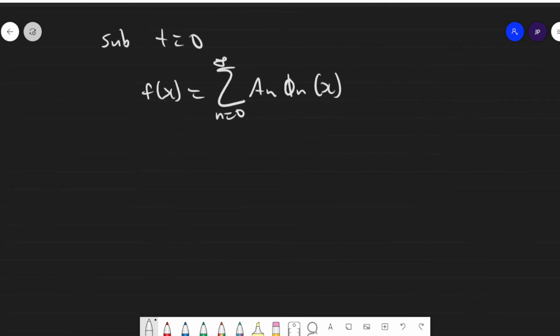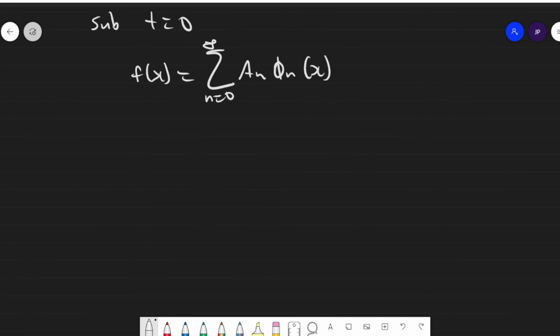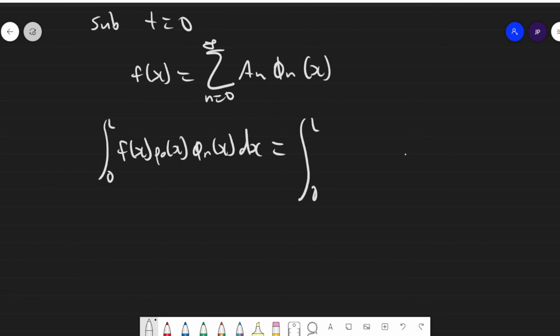So to calculate the coefficients, I'm taking the Fourier transform on both sides with respect to the weight function. So I'll end up with this, and I'm going to integrate it over the whole range. Sorry, I have to take it with respect to the weight function. Okay. So this, and then on this side, I have an.